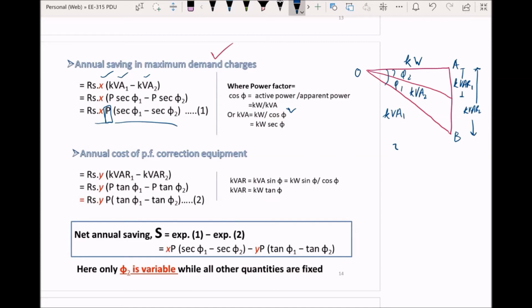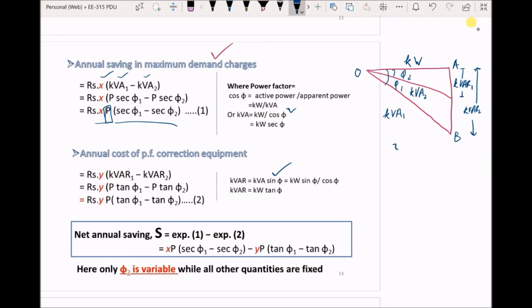Now calculating the annual cost of power factor correction equipment, which is rupees Y times the difference in reactive power drawn before and after the power factor correction, where kVAR equals kVA sine phi.